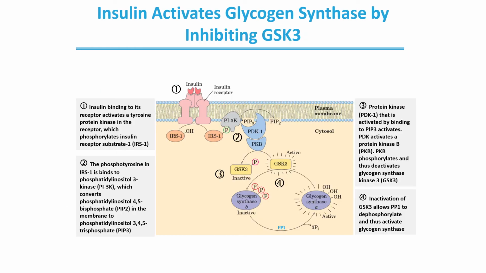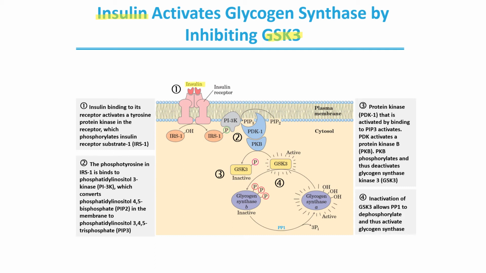Here we have the indirect effect of insulin on glycogen synthase through this enzyme GSK3, and this I described in the previous slide as well. Insulin has its enzyme linked receptor, insulin receptor. No need to go into too much detail, but what is the overall effect is what is important.